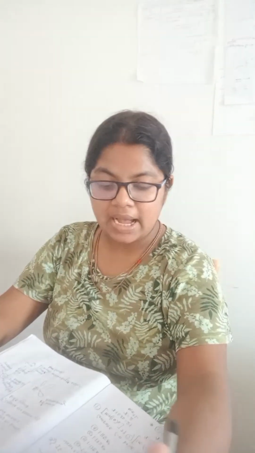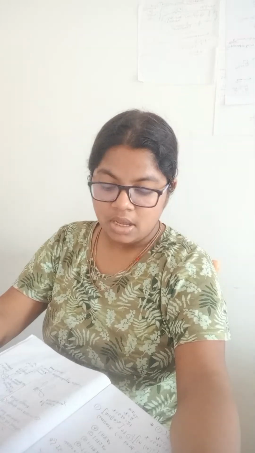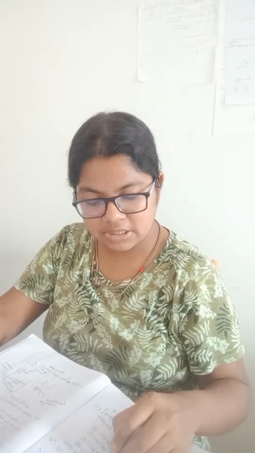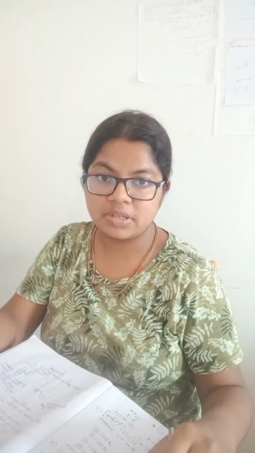Synergic bonding has bond lengths that have minimum difference. So if a question is given like this: if the CO bond length in CO is 1.128 Angstrom, then what is the value of the CO bond length in FeCO5? I've already said that synergic bonding gives bond lengths with very minimum difference.